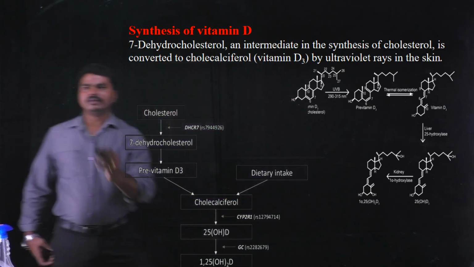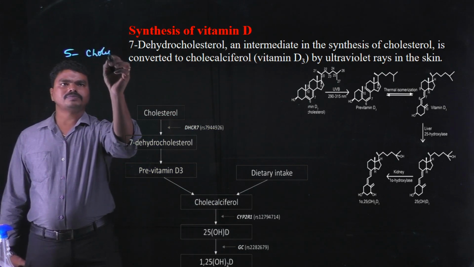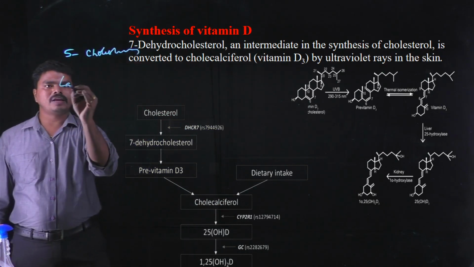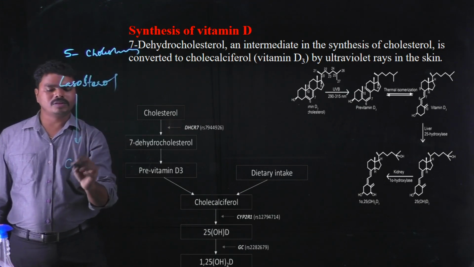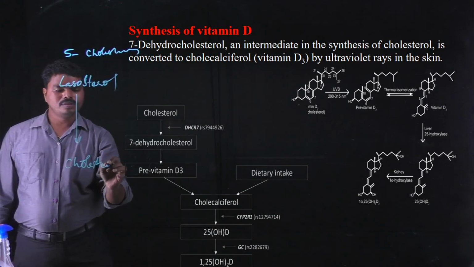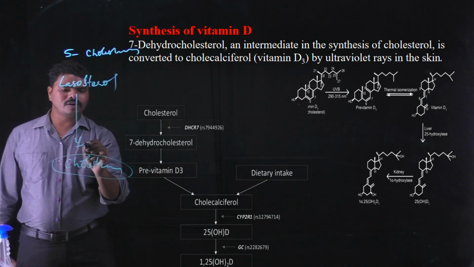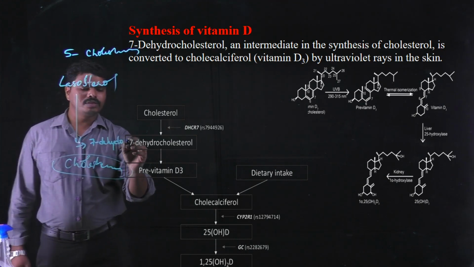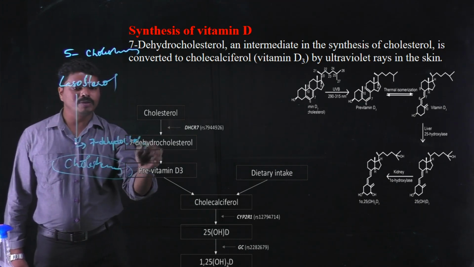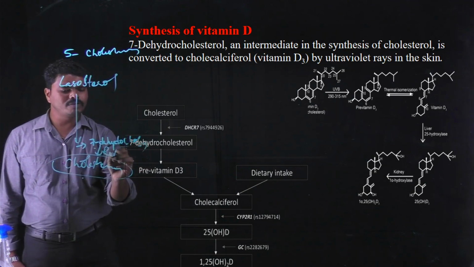So there is the last or 5th step of cholesterol synthesis, that is the conversion of lanosterol to cholesterol. Before converting this lanosterol to cholesterol, 7-dehydrocholesterol is formed. This 7-dehydrocholesterol, by reduction, will be converted to cholesterol.